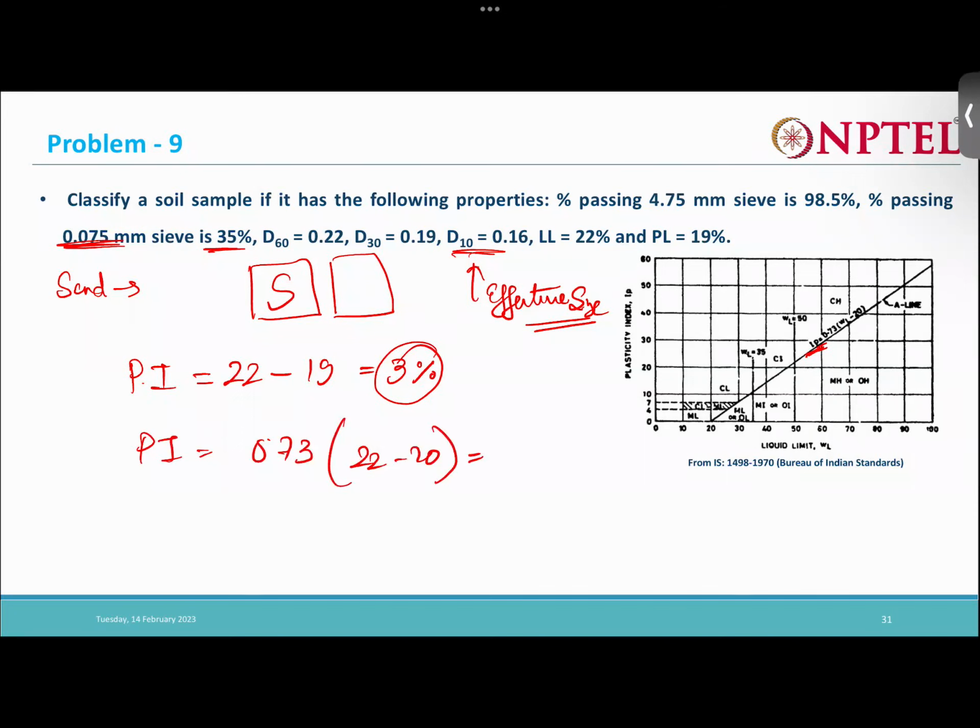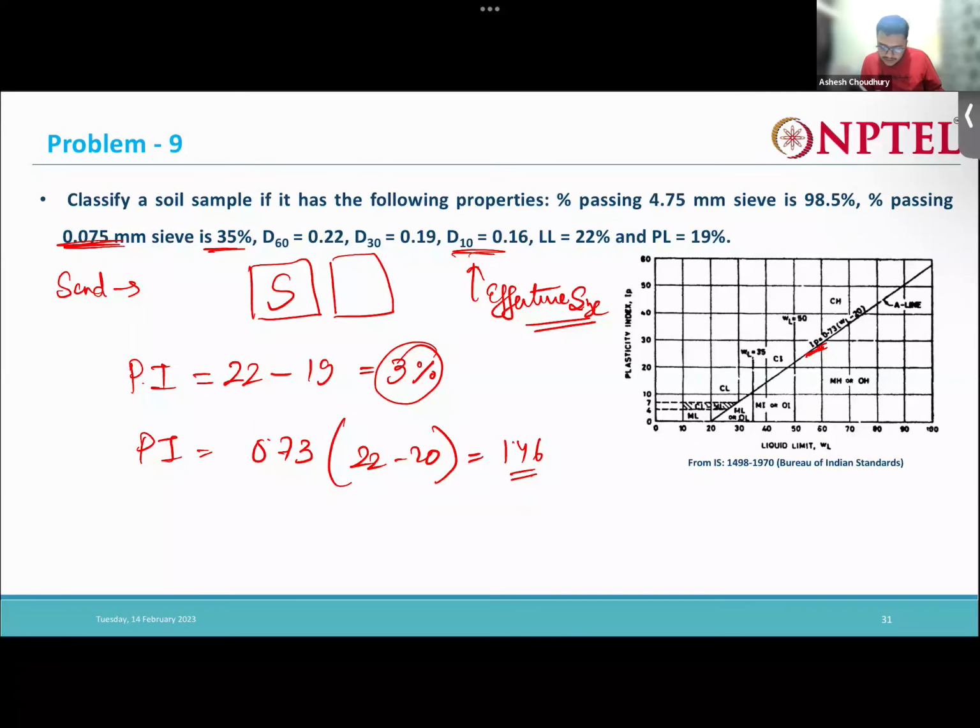What is the value from this? If we do it from here, I think we cannot get it, because this is only valid for, I think, our plasticity. How much is our plasticity index?